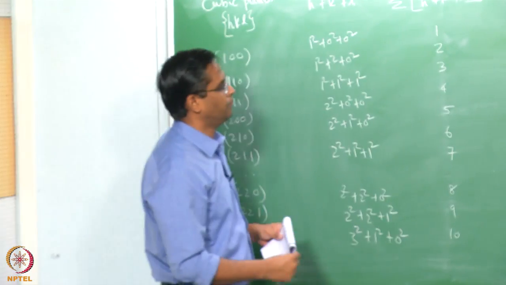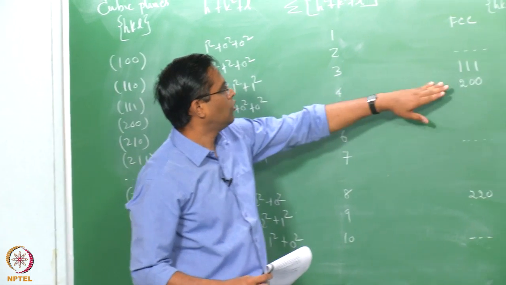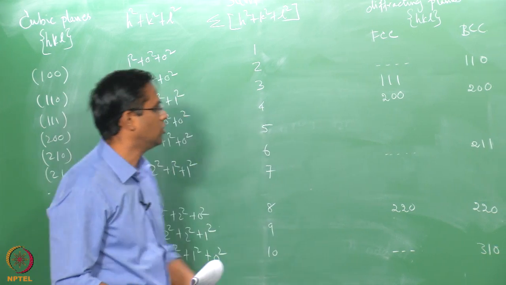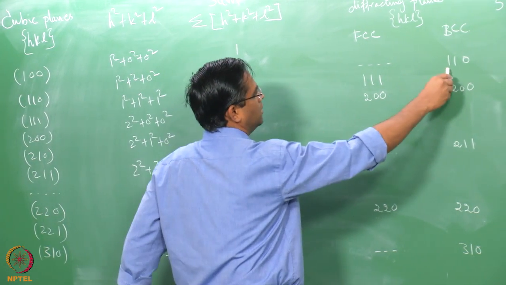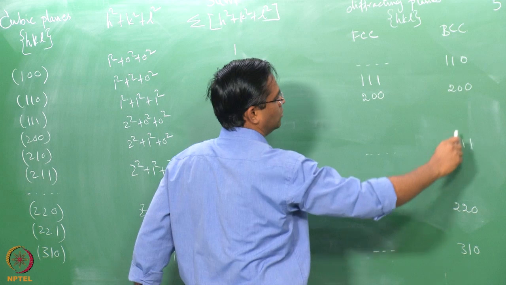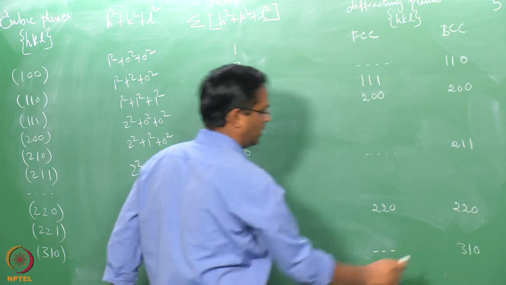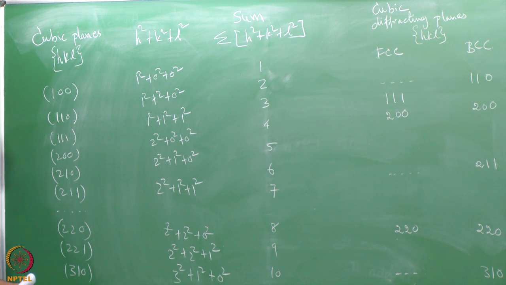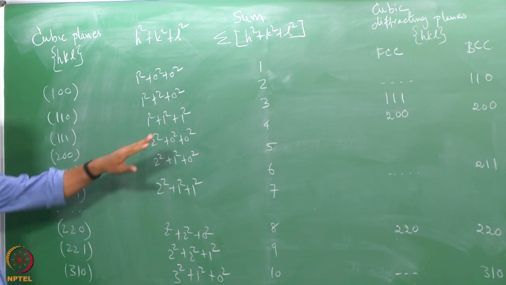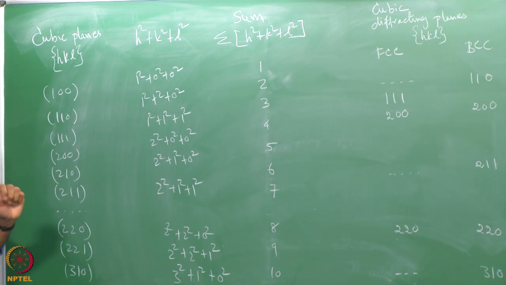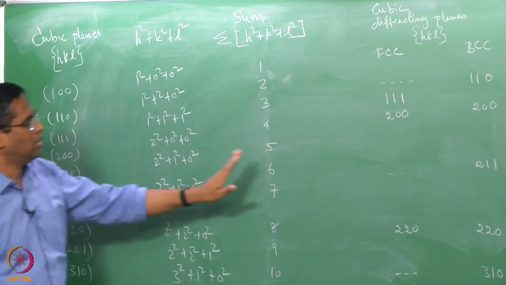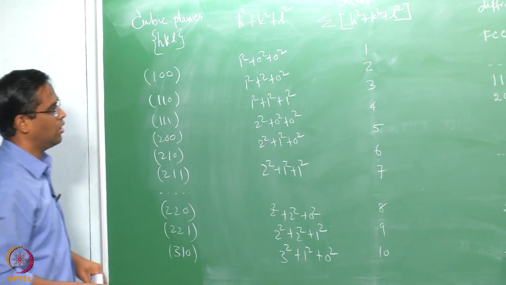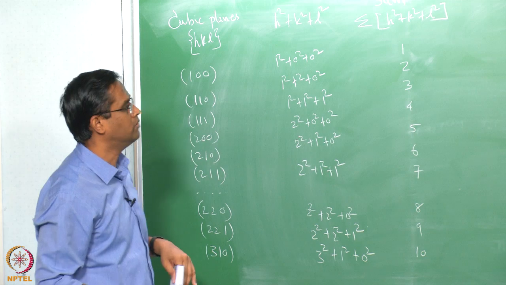In the face centered cubic lattice you will see 111, 200, 220 and so on, and BCC you will see 110, 200, 211, 220 and 310 and so on. So, if you keep this table for reference, it is easy to interpret.